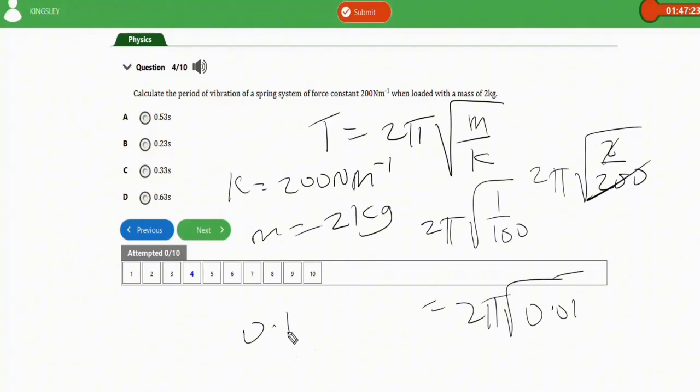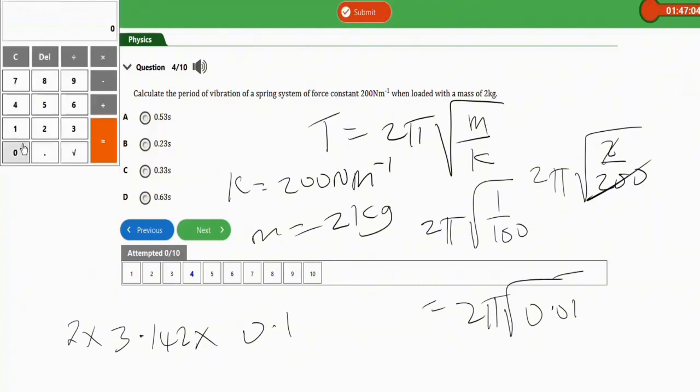What we now do will be 2 times, remember our pi is 22 over 7, which is the same thing as 3.142, times 0.1.